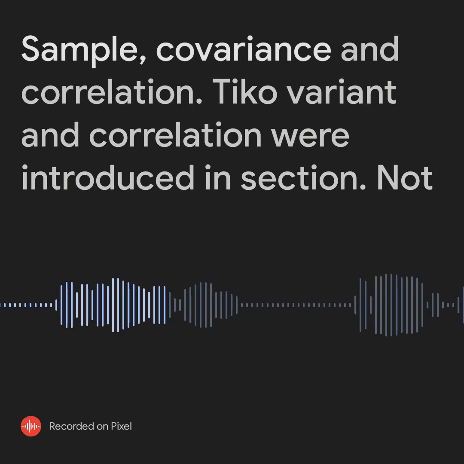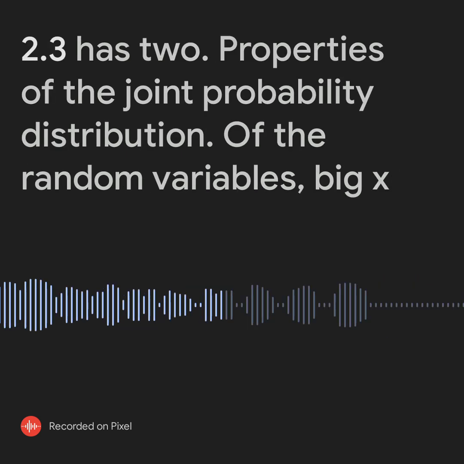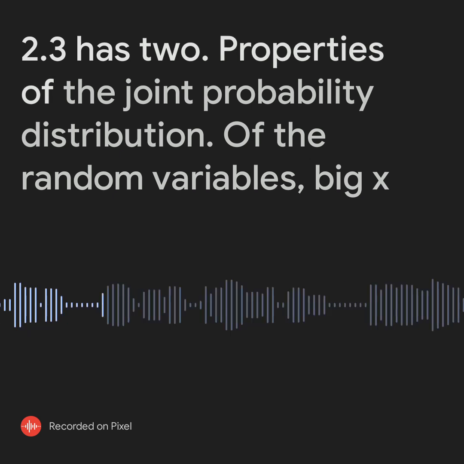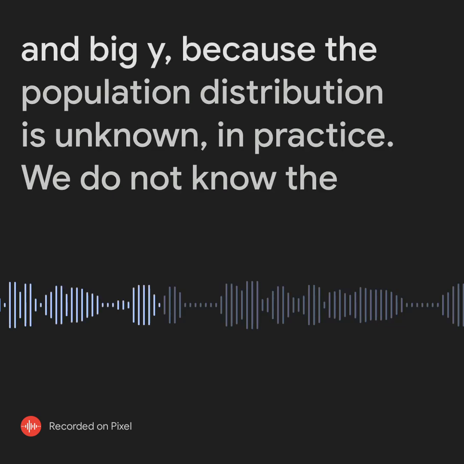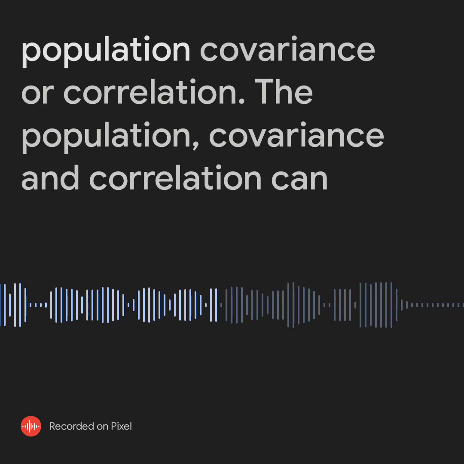Sample covariance and correlation. The covariance and correlation were introduced in section 2.3 as two properties of the joint probability distribution of the random variables X and Y. Because the population distribution is unknown, in practice we do not know the population covariance or correlation.